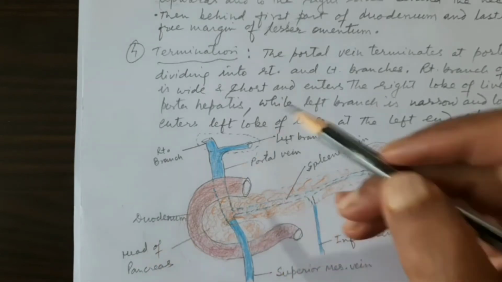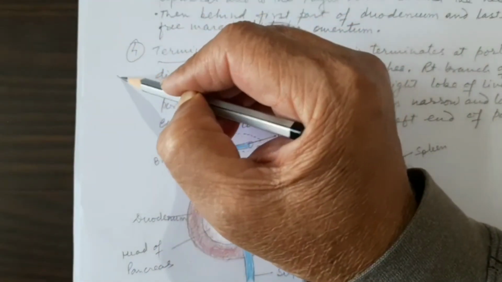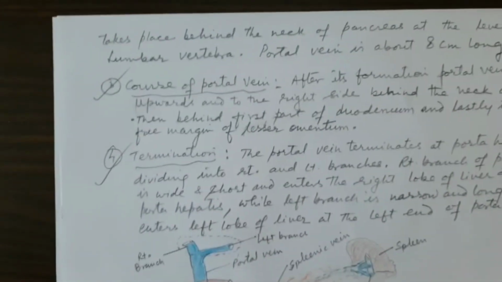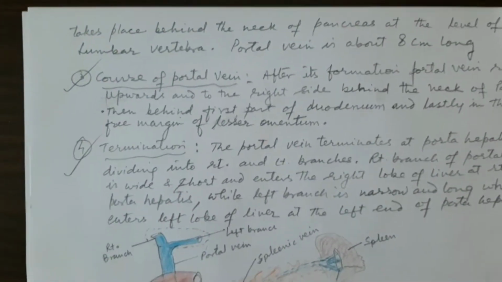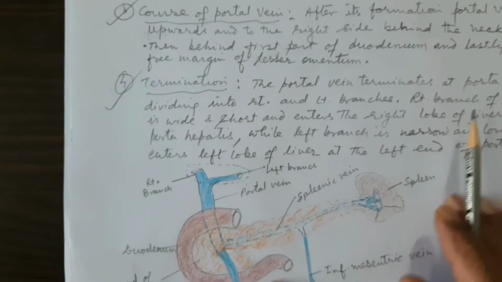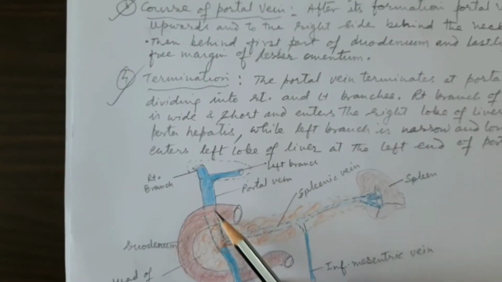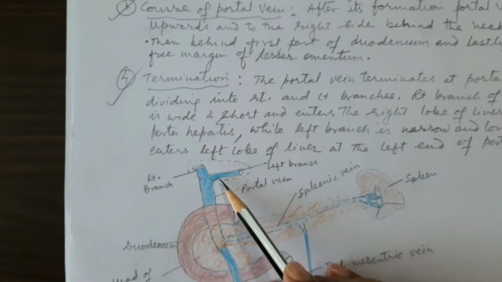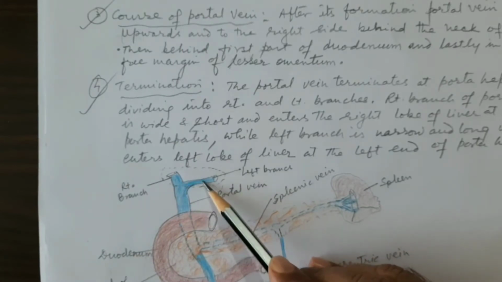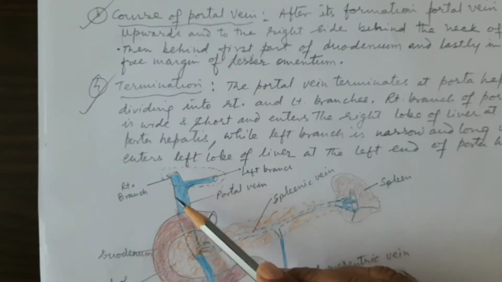Now after the course we will see the termination of this portal vein. The portal vein terminates at the porta hepatis by dividing into the right and the left terminal branch.